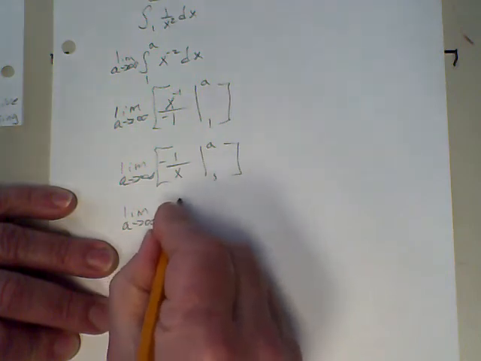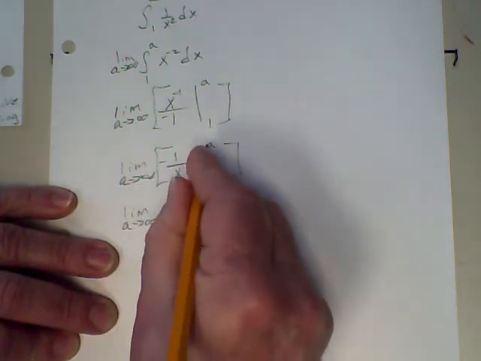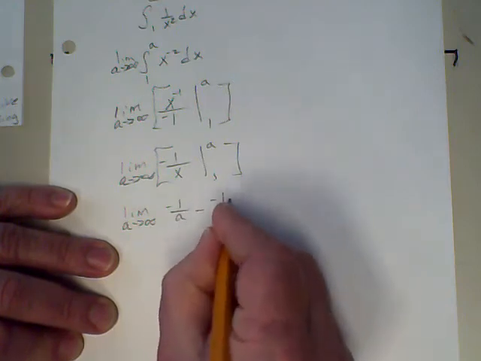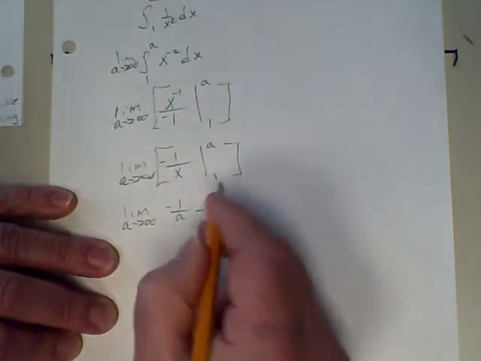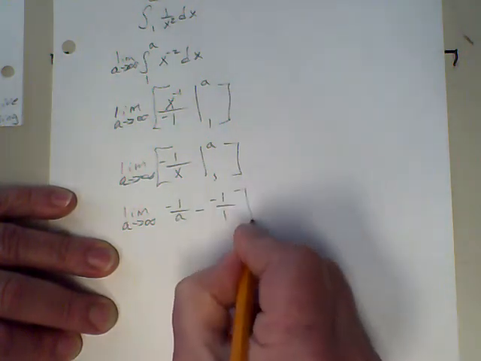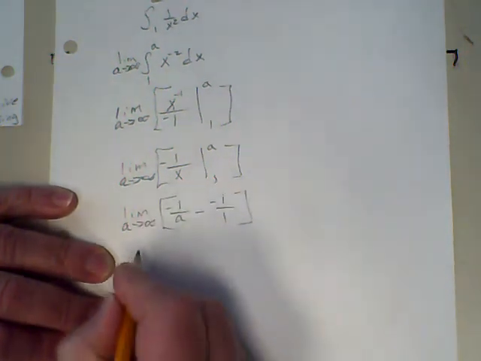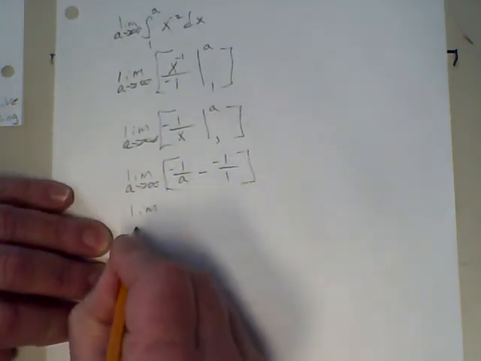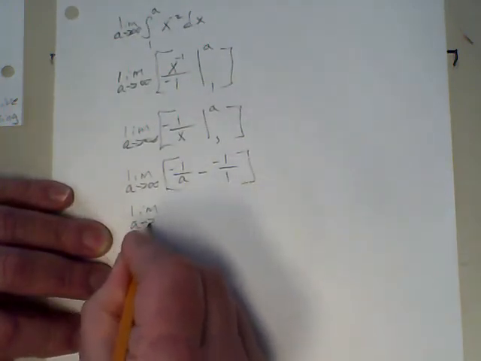So this is going to be negative 1 over x gets replaced with a, minus negative 1 over x gets replaced with 1. Upper minus lower. So I'm going to clean this up one last time, and we should be ready for a limit.